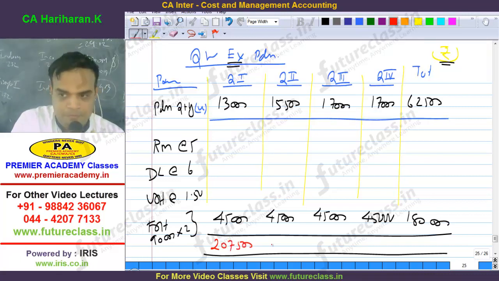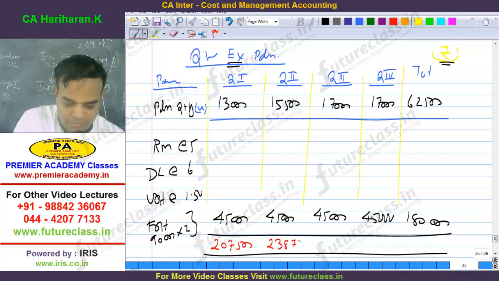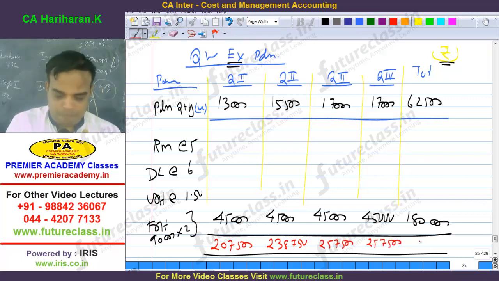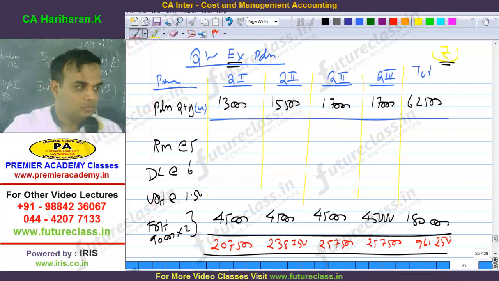Second quarter, 2 lakh 30,750. And 2 lakh 57,000. Total 9 lakh 61,250. Don't leave it as it is, you have to compute.